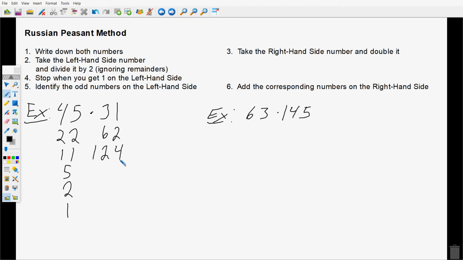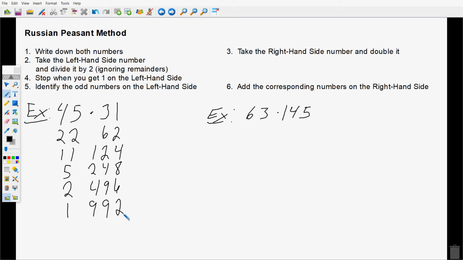Push times 2 again, which gives you 248. Times 2 again, 496. And times 2 again is 992. Just continuously pushing the times 2 is easier than having to retype the number all over again.